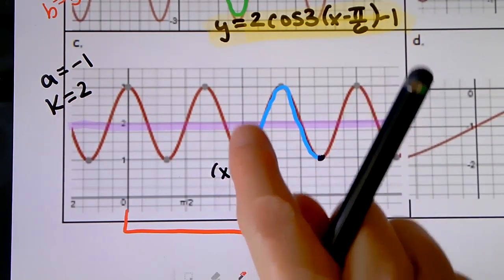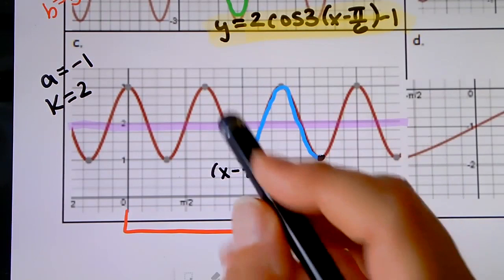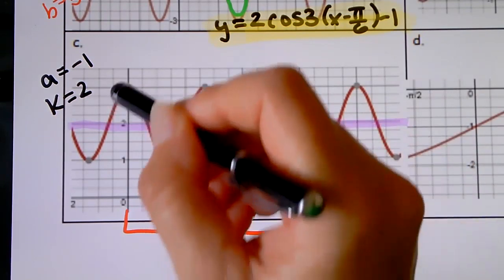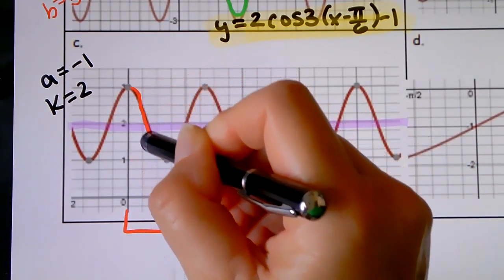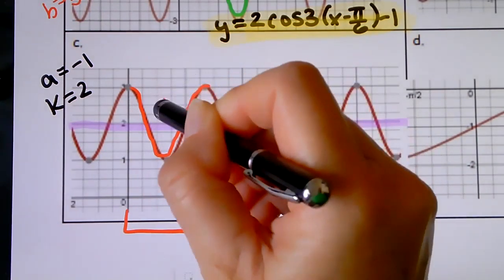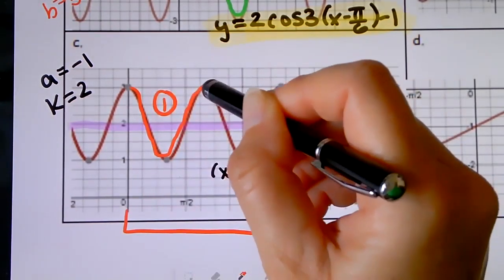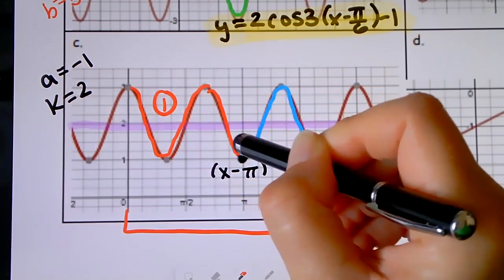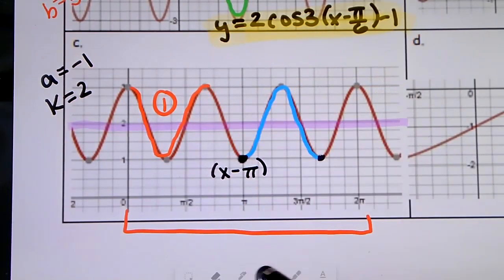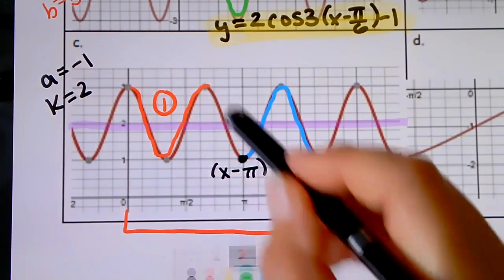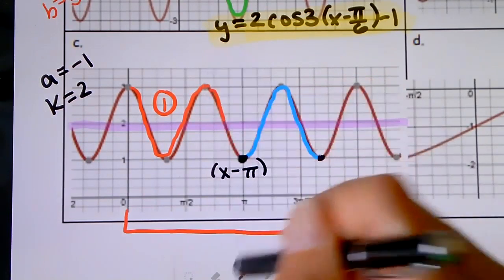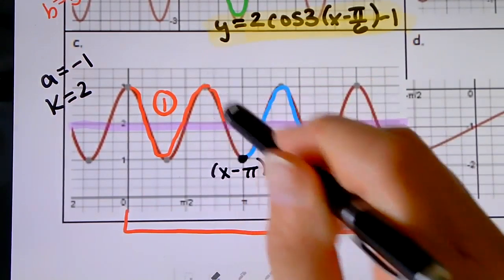Now, I know we're focusing on this one here, but let me just kind of draw in. Here's one cosine. Here's two. Let me do that in a different color.